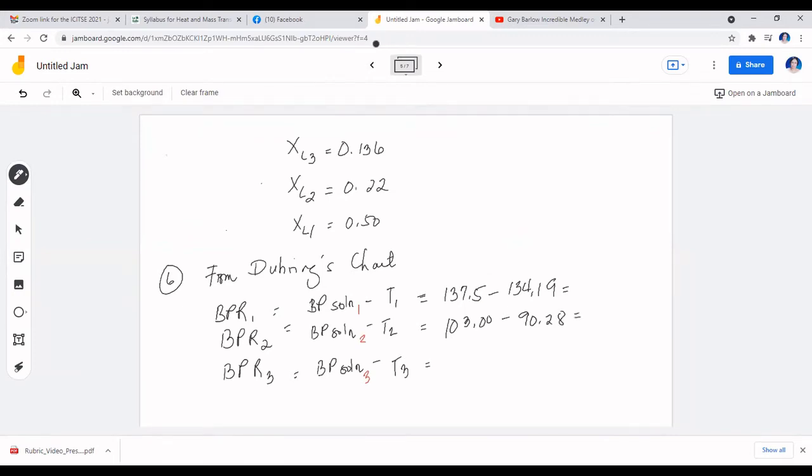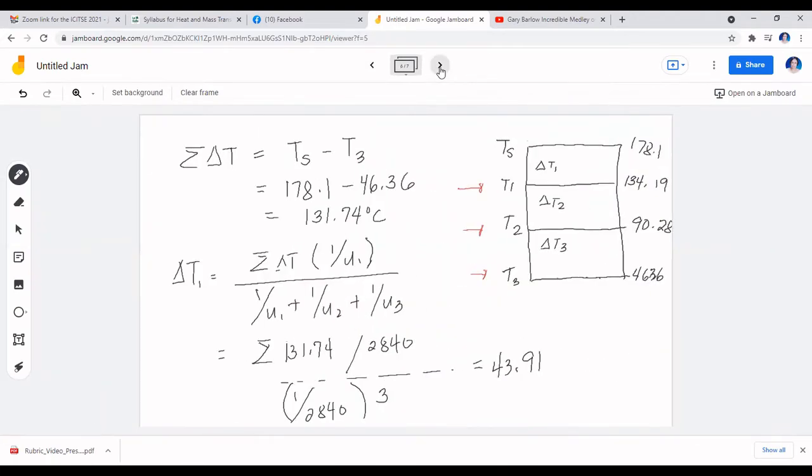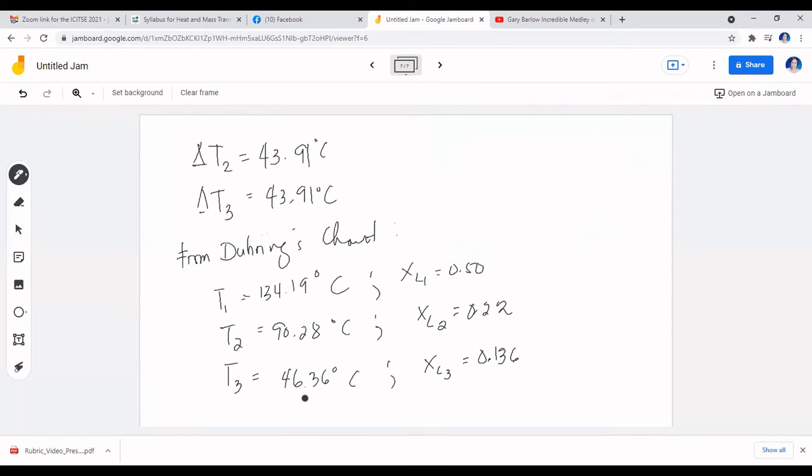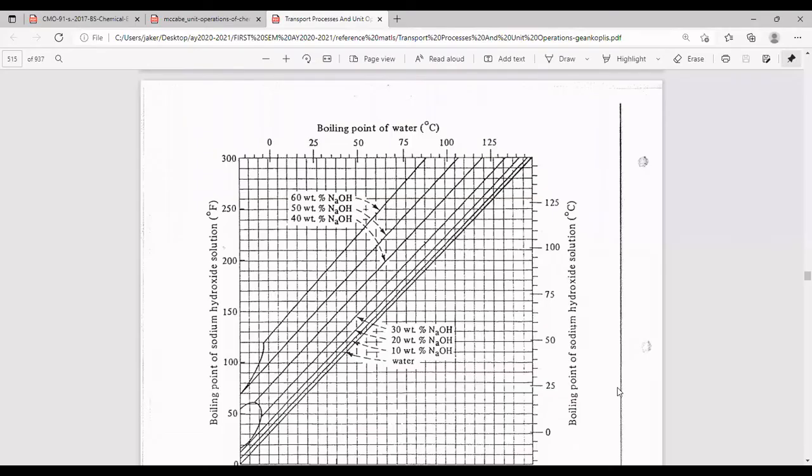The last will be the BP of your solution 3. So we'll base it on, of course, the T sub 3, which is 46.36, and this percent solids. We'll just round this off to 0.14. This one is 46. So we go back again to our Duhring chart, 46 and 14.